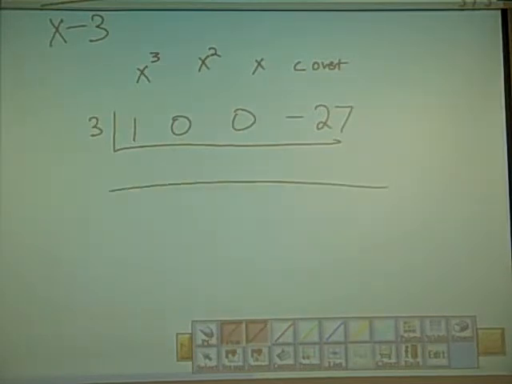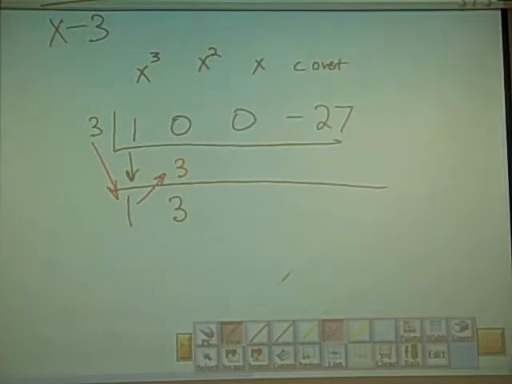So we draw our line, and we bring down the first term. And that's going to be a 1. And now we're going to multiply 3 times 1 is 3, and we're going to bring that up to the second row. And now we have 0 plus 3 is going to be 3. And now we multiply 3 times 3, and that's going to be 9.